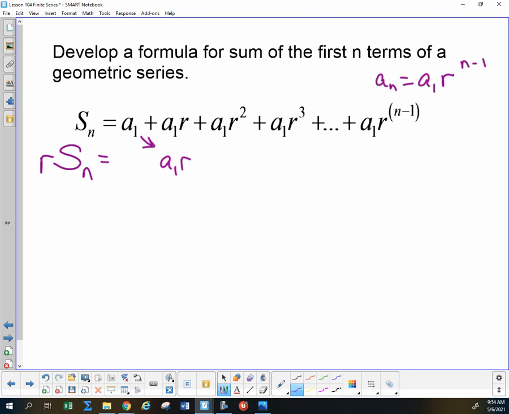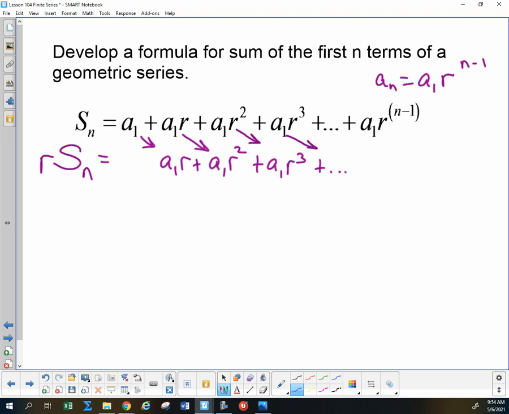And then I'm going to take my second term, a1r, and multiply that by r, so I have plus a1r squared, and again I'm going to line that up. Then I'll take the a1r squared times r, so I've got a1r cubed. And then I'll take the a1r cubed and multiply that, but that is just going to be part of my ellipsis right here. I'm not really going to write it, but it's in there.